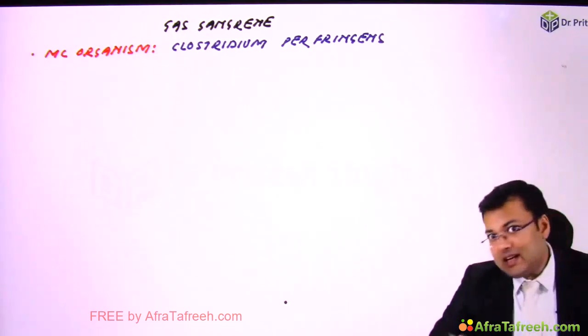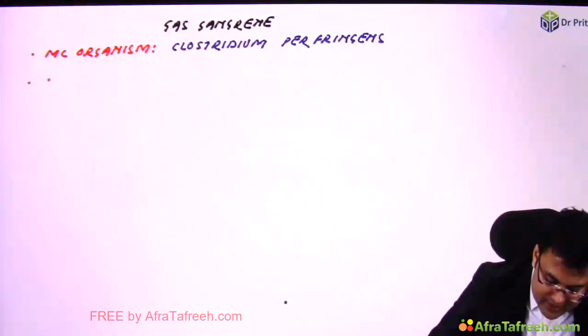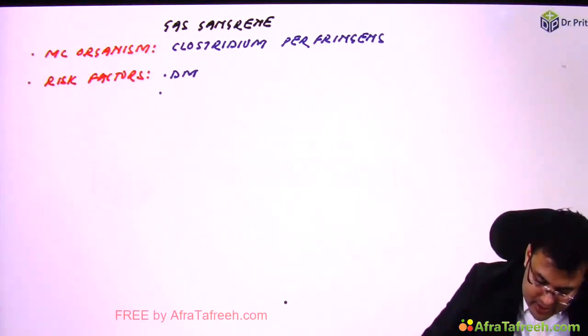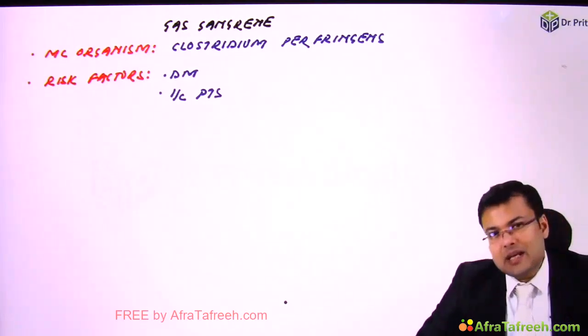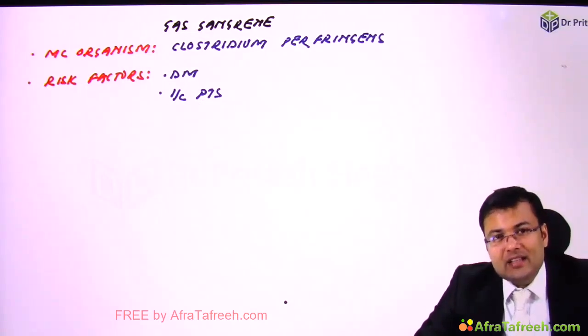You have seen that there are certain risk factors for gas gangrene. So what are those risk factors? First of all, diabetes mellitus. Second, immunocompromised patients. And sometimes there is a wound containing foreign or necrotic material, and this promotes an anaerobic environment. Since Clostridium perfringens is an anaerobe, it increases the risk of gas gangrene.